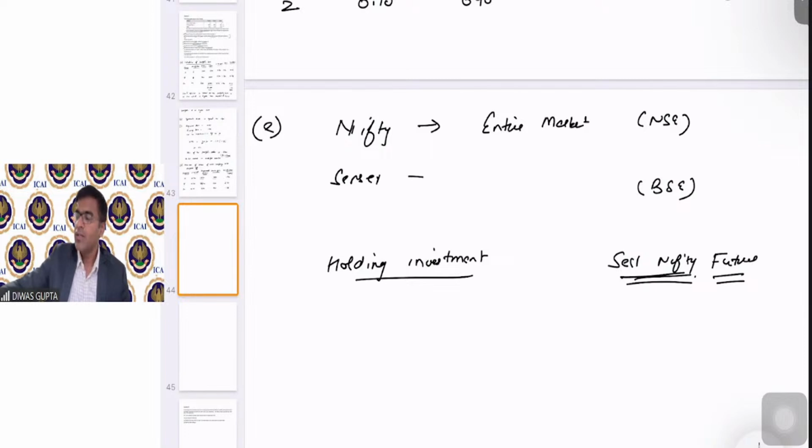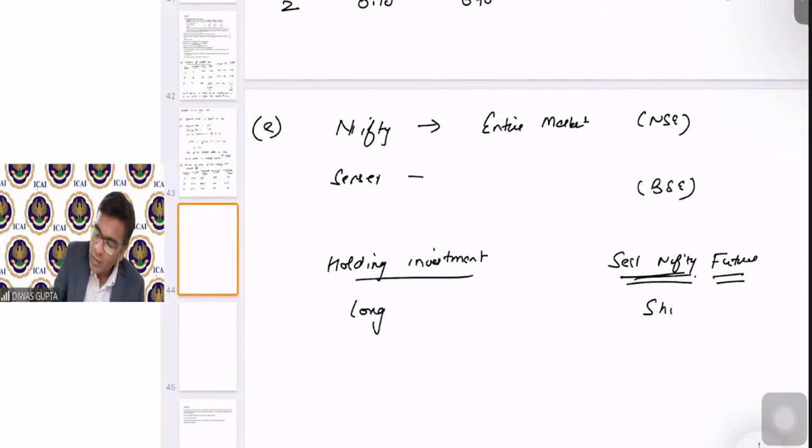We will discuss all these things of short position, long position. Actually, this is called long position. This is called short position. We will discuss all these things in our derivatives session. But as far as this question is concerned, we have to carry out a short in Nifty futures.